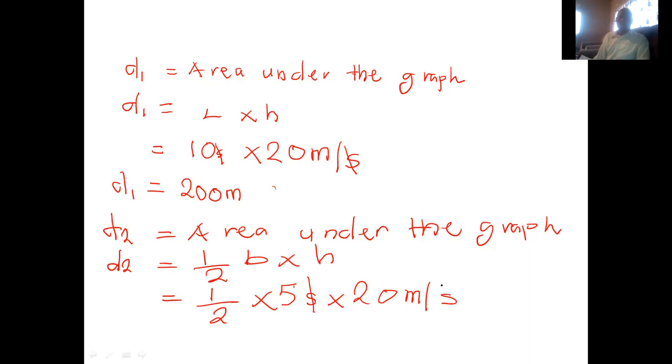Do note that the seconds cancel. Half of 5 times 20 gives 50, and so we have distance 2 as 50 meters.